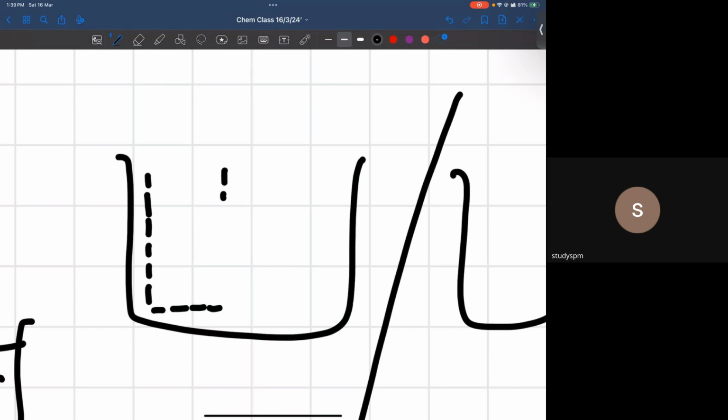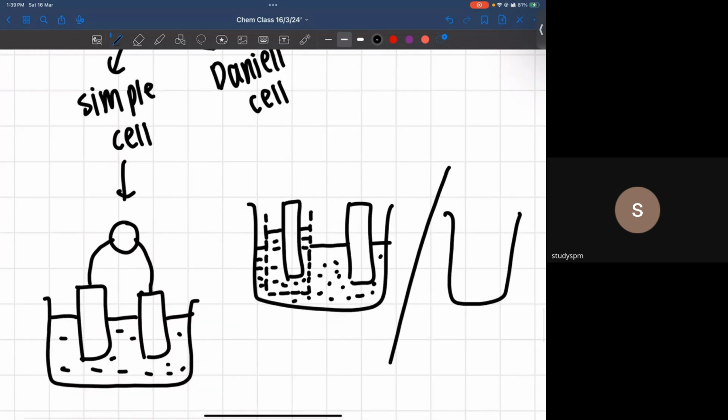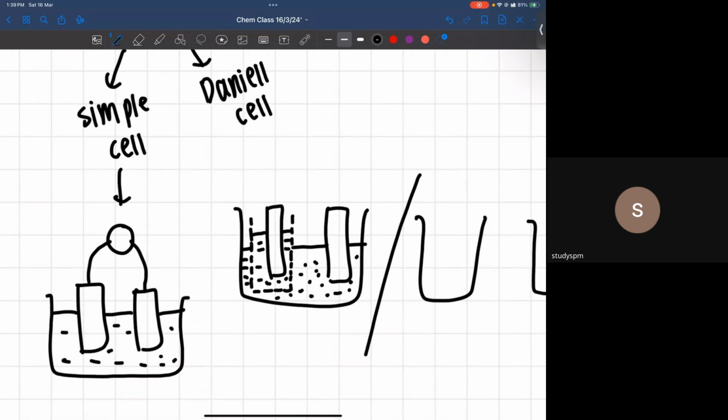But here there are two different solutions. There are electrodes, but two different solutions. Inside there is one solution, and outside there is a different solution. The cell with two different solutions we call the Daniell cell. The simple cell uses only one.